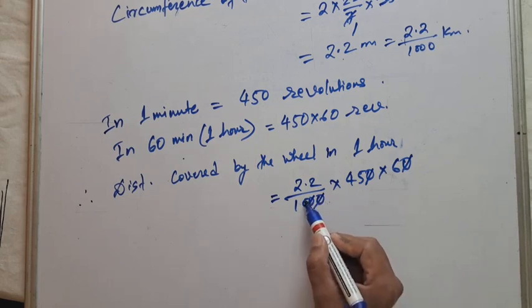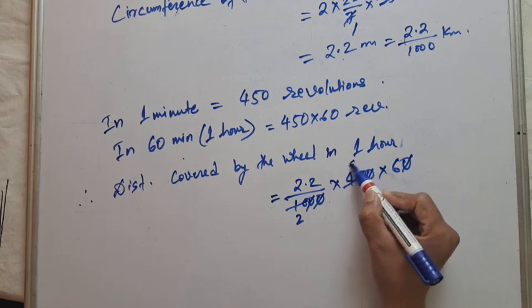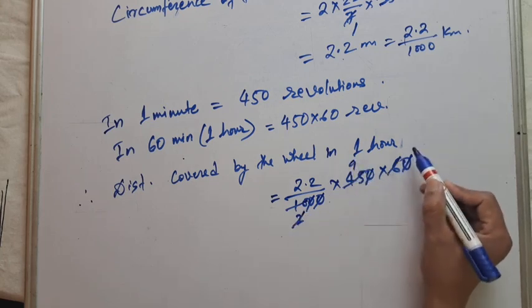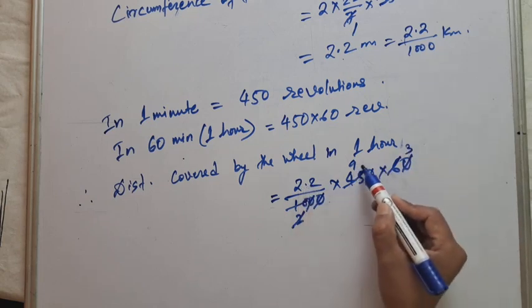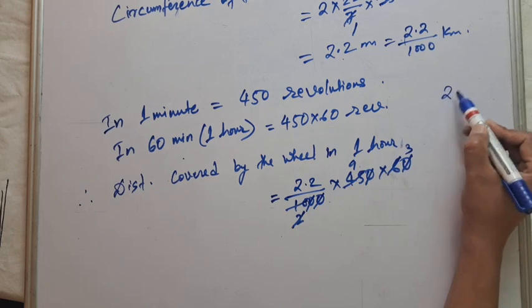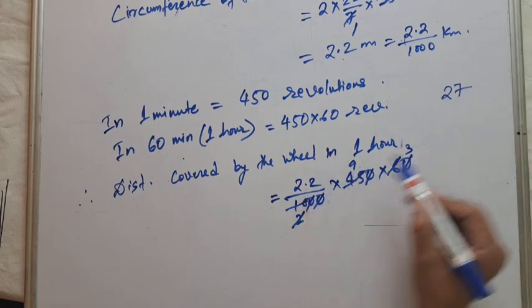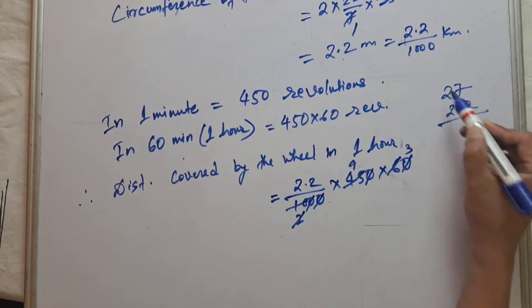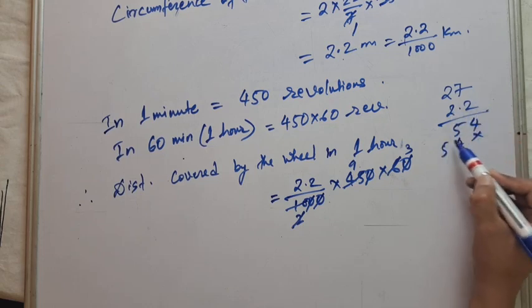So 5 2s are 10, 5 9s are 45. 2 1s are 2, 2 3s are 6. So 9 into 3 into 2.2. 9 3s are 27, into 2.2: 2 7s are 14, 2 2s are 4, plus 1 is 5.